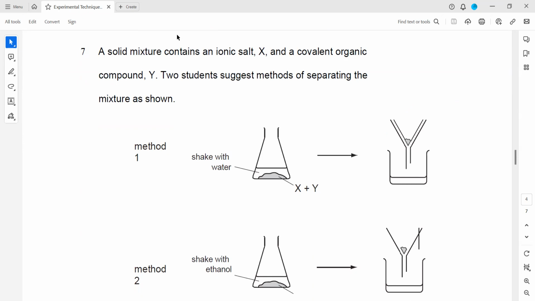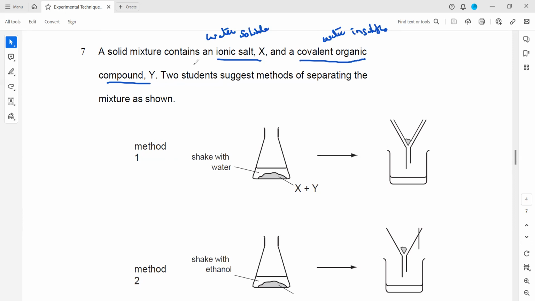A solid mixture contains ionic salt. The term ionic salt here, what does it refer to? It refers to that it is water soluble. When a substance is ionic, it means it will be water soluble. And a covalent organic compound, why? Covalent compounds are insoluble in water, they do not dissolve in water. Not all of them, but most of them are insoluble.